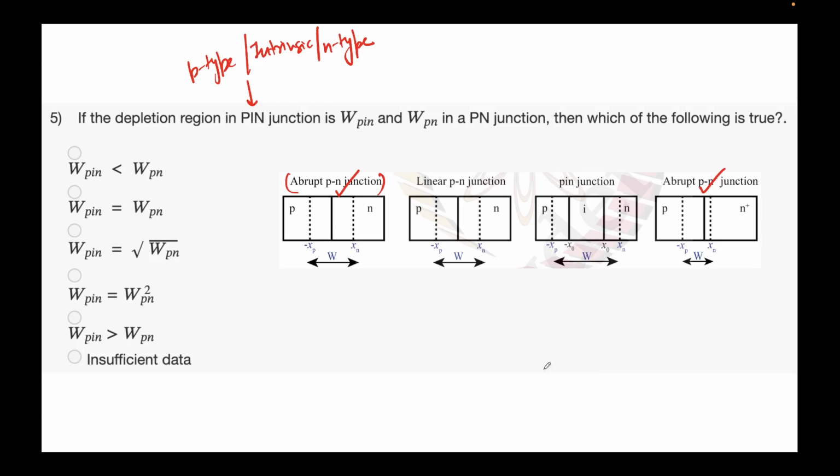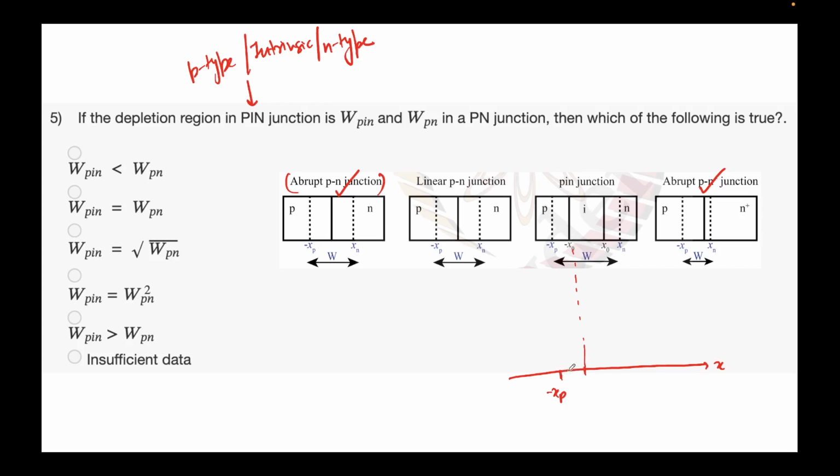This is my x-axis, this is my xp, this is my minus x naught. Focus only on this region. This is highly doped, this is very low doped as compared to P. P is very highly doped as compared to intrinsic. So how will the diagram look like?